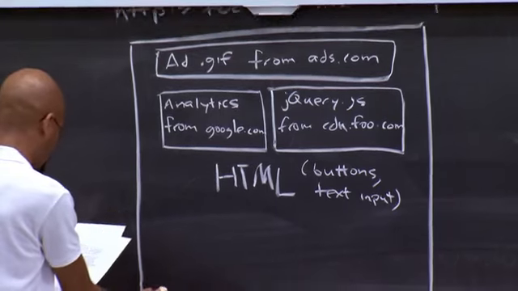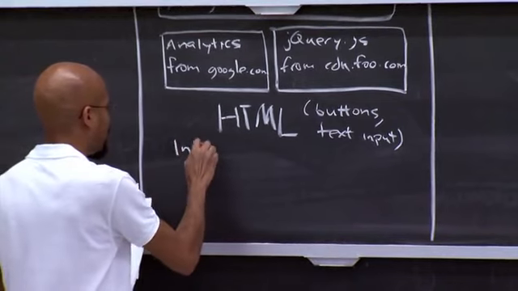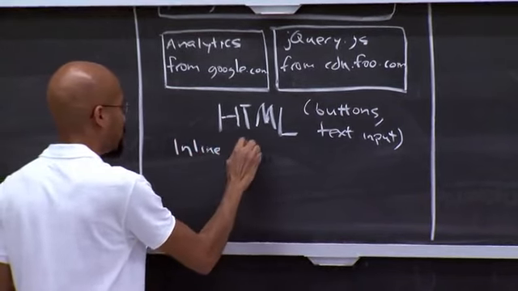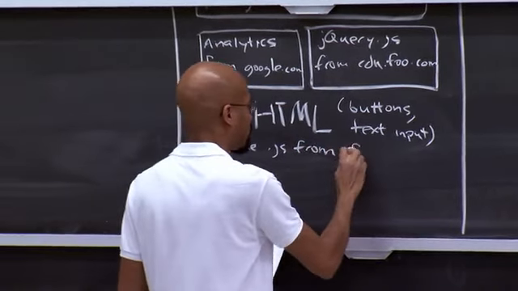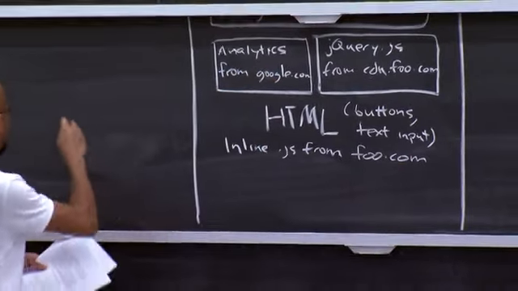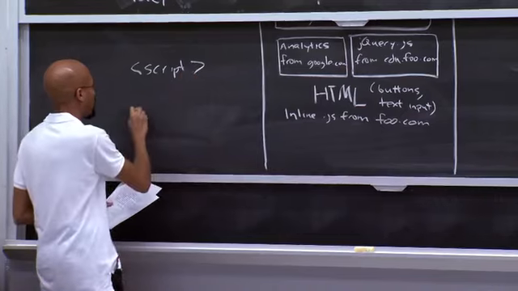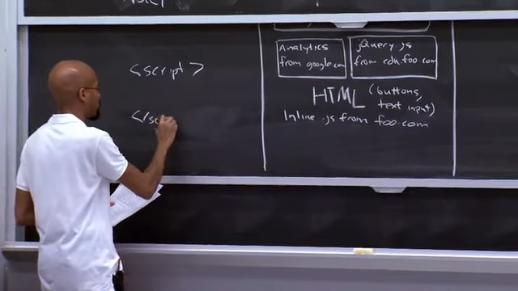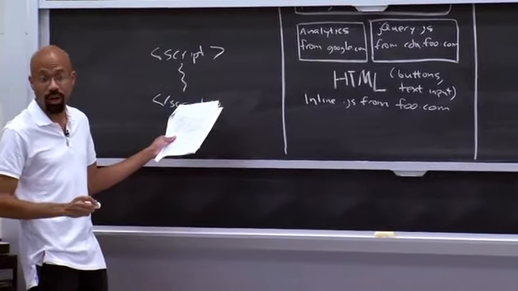And then you might see what they call inline JavaScript from foo.com. And by inline, I just mean you have a script tag, and then you have a closed script tag, and then you just have some JavaScript code included in there directly, right?